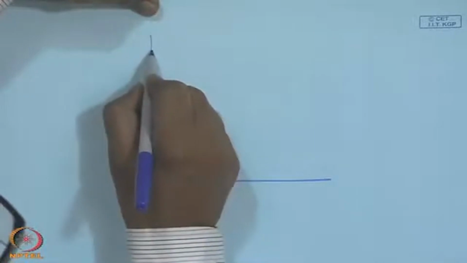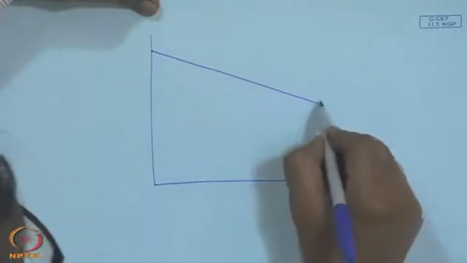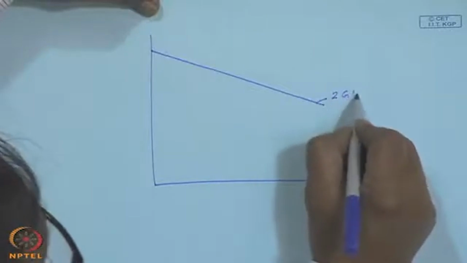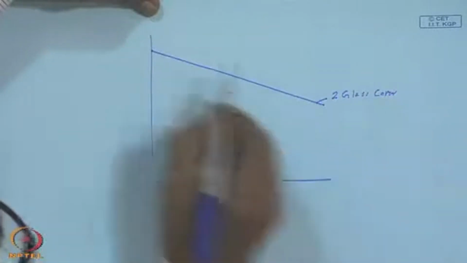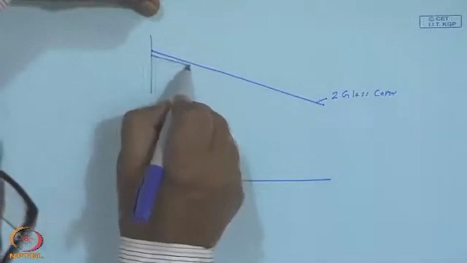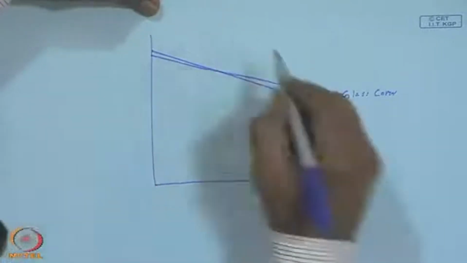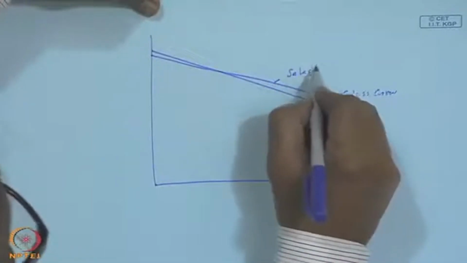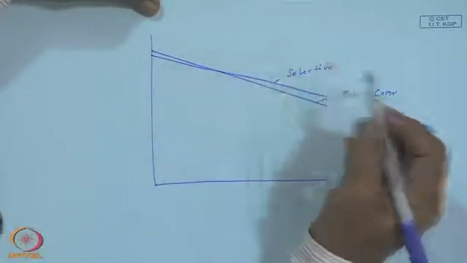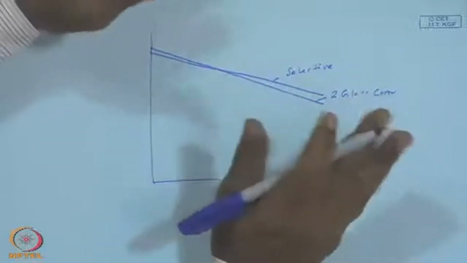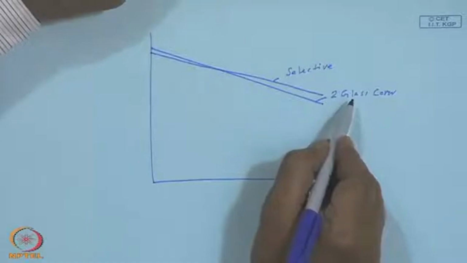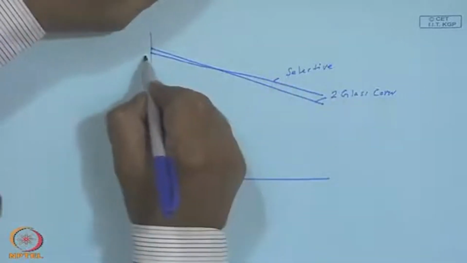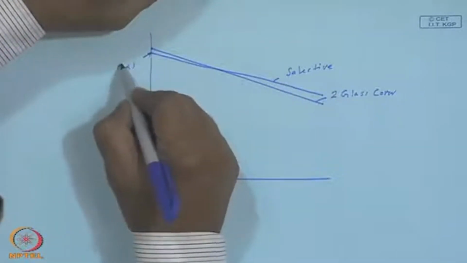Now, if I take a 2 glass cover performance and a selective performance, so they more or less are the same, but if it is at a low temperature, 2 glass cover may be better than a selective surface, since there is a slight reduction in tau alpha normal in the solar range.